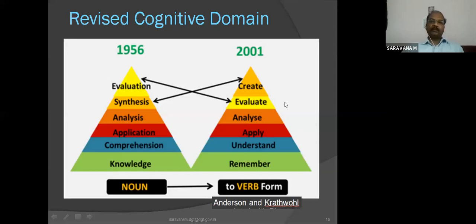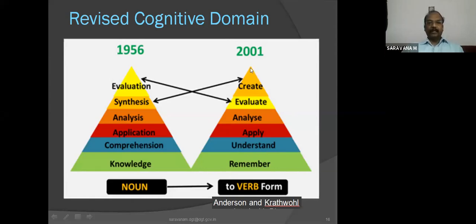For that purpose they introduced: remember, understand, apply, analyze, evaluate, and create. These are the six revised components of the cognitive domain. The original was introduced in 1956, and the revised taxonomy in 2001.